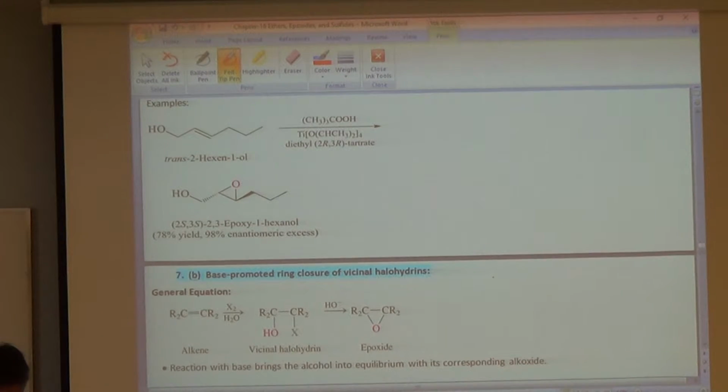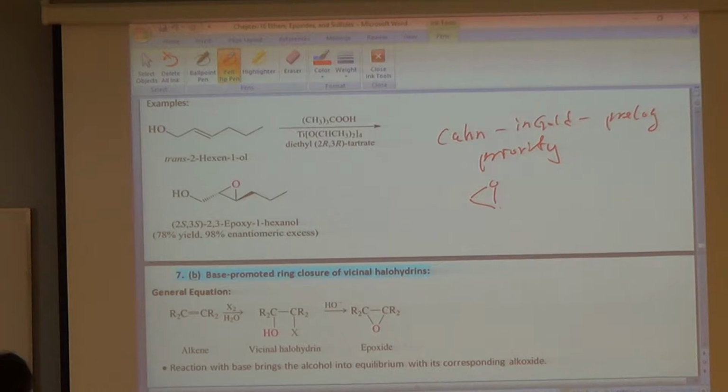So if you want to review this, the so-called Cahn-Ingold-Prelog priority, you can assign these two chiral centers, and then you will be able to find out.